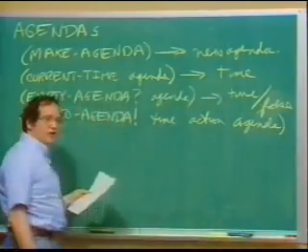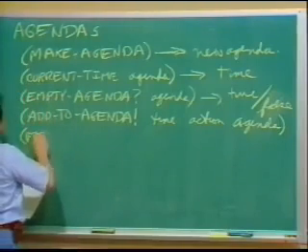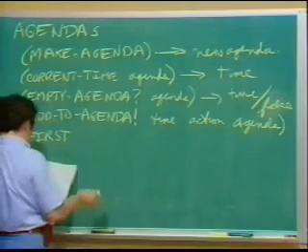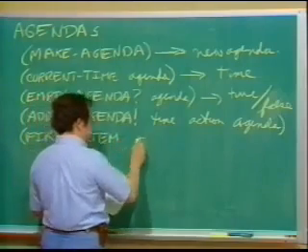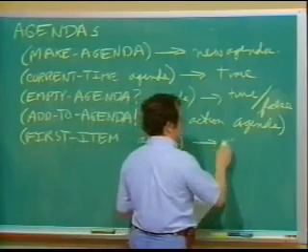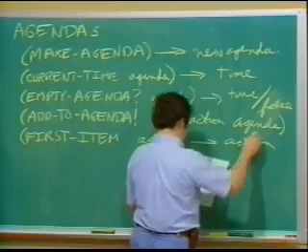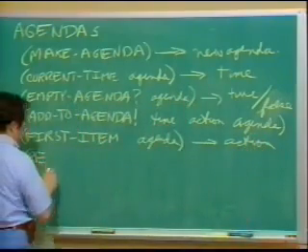And that inserts it in the appropriate place in the agenda. I can get the first item off an agenda, the first thing I have to do, which is going to give me an action. And I can remove the first item from an agenda. That's what I have to be able to do with agendas.